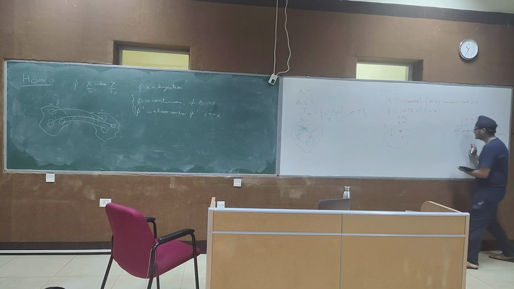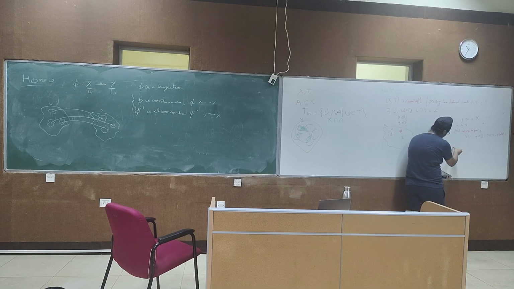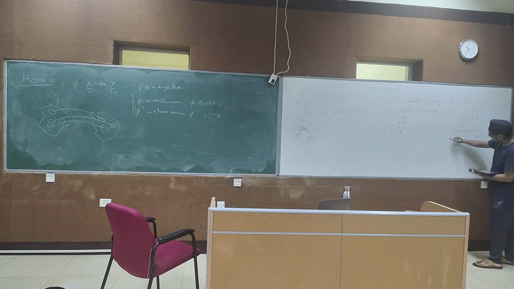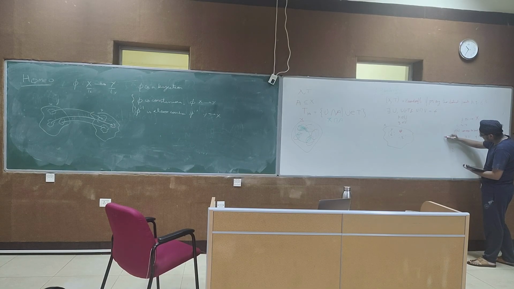So I will draw a picture for you. Say you have a point Q here, and you are saying that your sequence converges to this point Q, and you have the sequence like this.